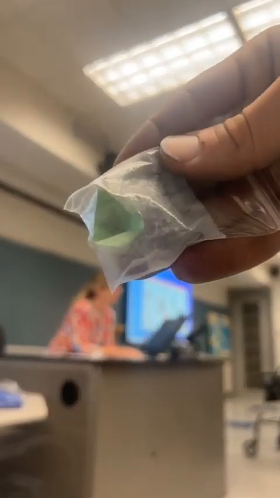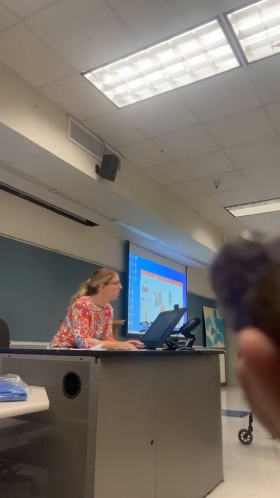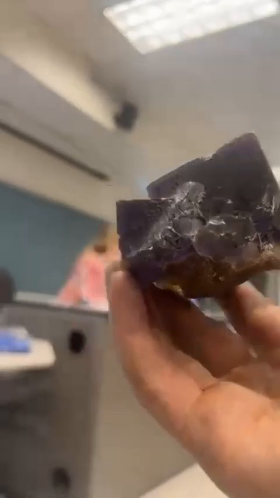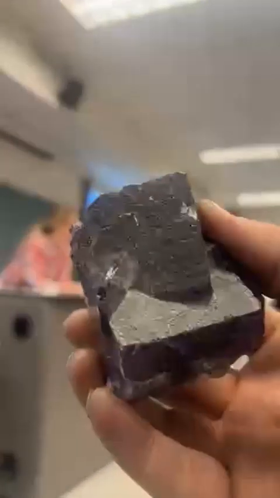I found some hexagonal graphite in Essex County, New York. Oh, what were you digging in? Some schists? Skarn. It's a big bag of all kinds of little stuff, and I haven't even identified it all.